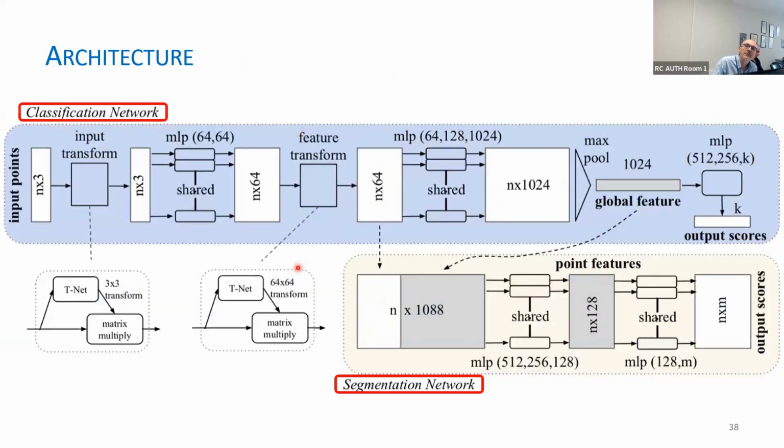They took this output here, the intermediate transformation with dimensionality 64, and this is regarded as a local representation of the points, because here we have local information for each point. This information is concatenated with the global feature. So at the end, we have a vector with a dimensionality of 1088 that captures both the local and the global information.